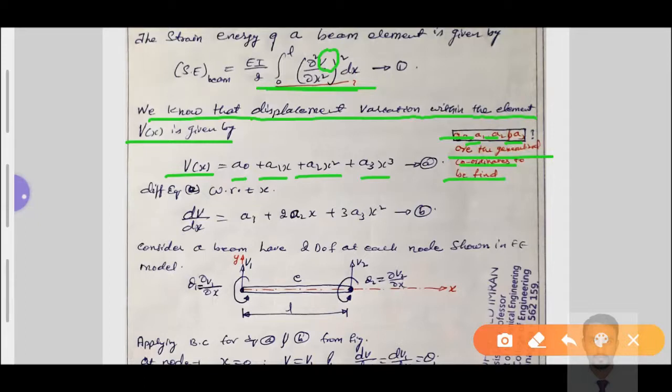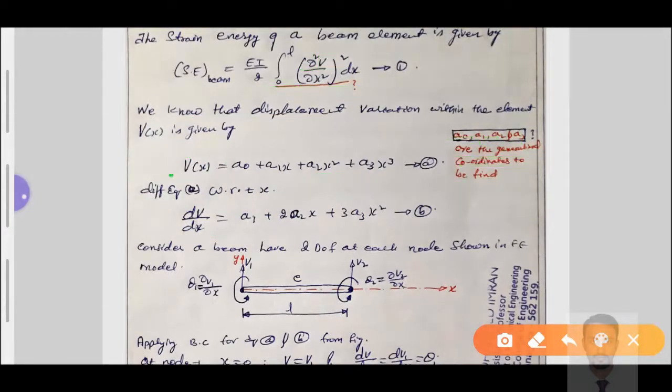Then we want ∂v/∂x first, and then we will get ∂²v/∂x², that is, two differentiations of this function. First we find dv/dx, then d²v/dx². First we find the first derivative of this displacement function, and then the second derivative, and we'll get the final answer and define a stiffness matrix with respect to that condition.